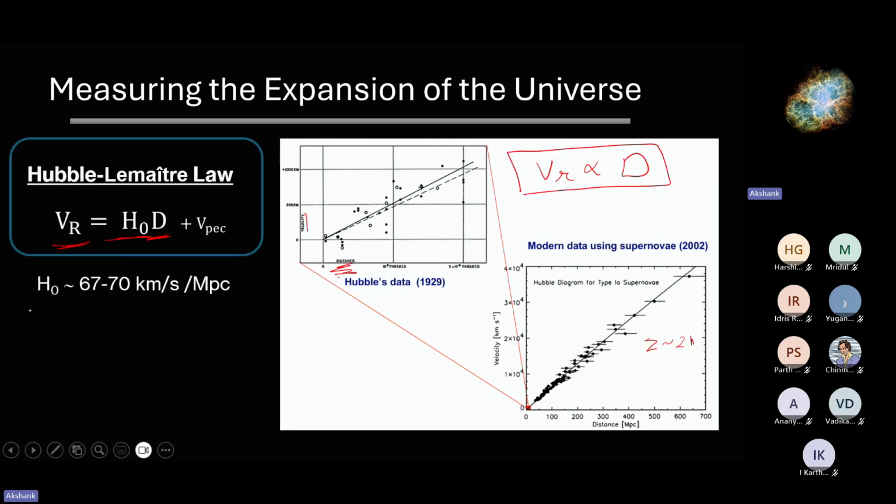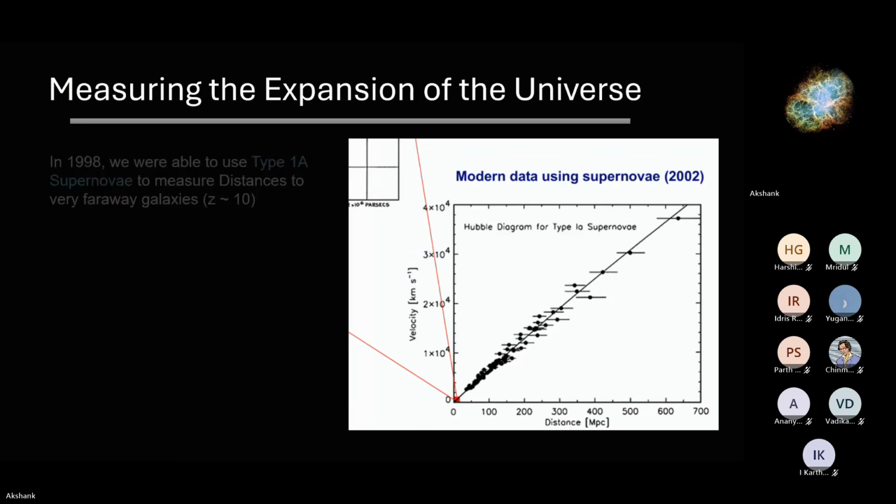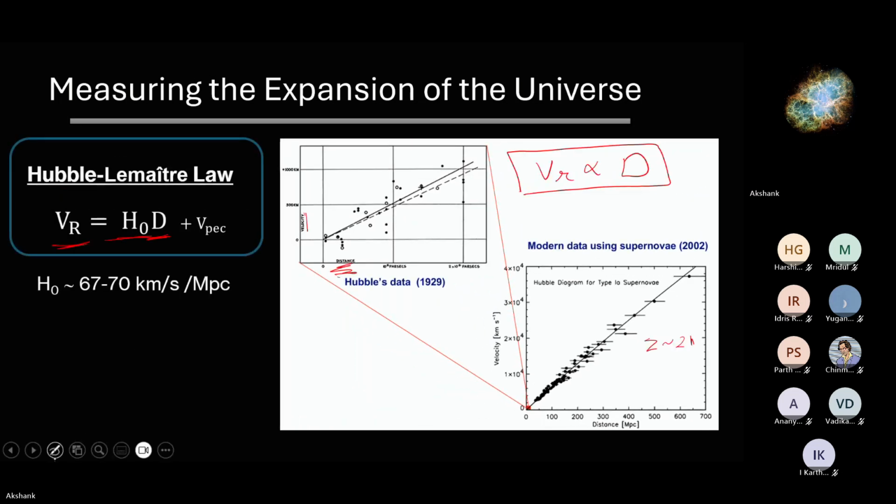Basically, what is a variable star? A variable star is something whose brightness changes with time. Very simple.